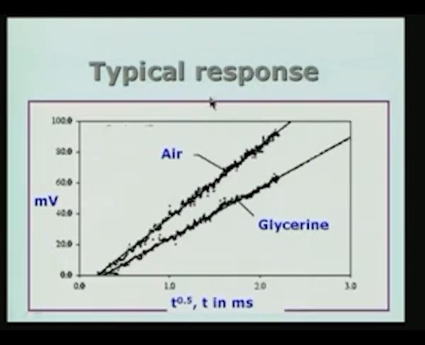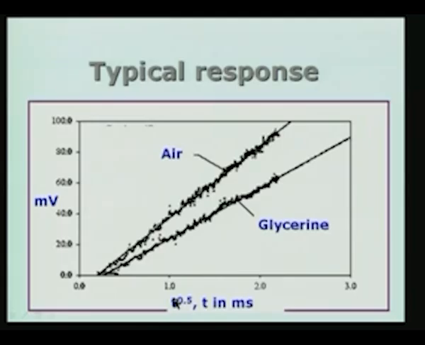So, a typical response of a sensor of this type I have given in the form of electrical output in millivolts. On the x axis I have got square root of time, and time is in milliseconds, so I have taken the square root of time.